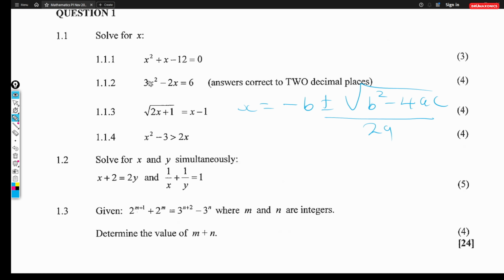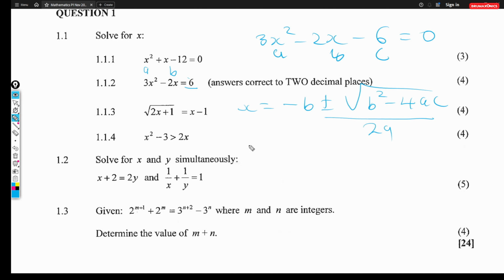And we know that this is our a, this is our b, and this will be our c. Remember that you will have to take this to the other side, and that will be 3x squared minus 2x minus 6 equal to 0, and then a, b, c, right?